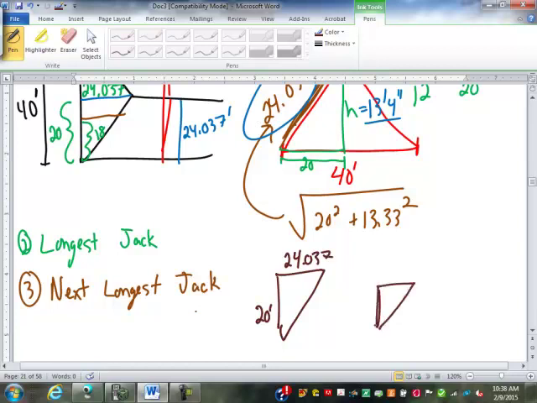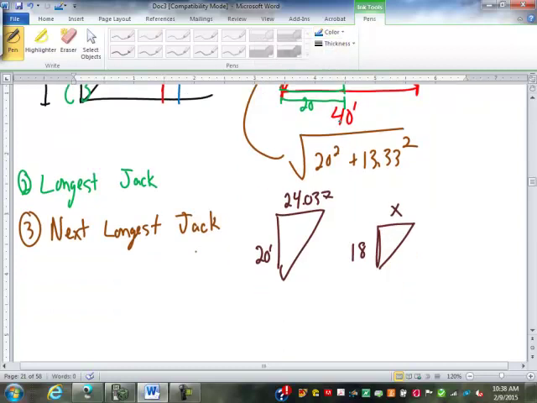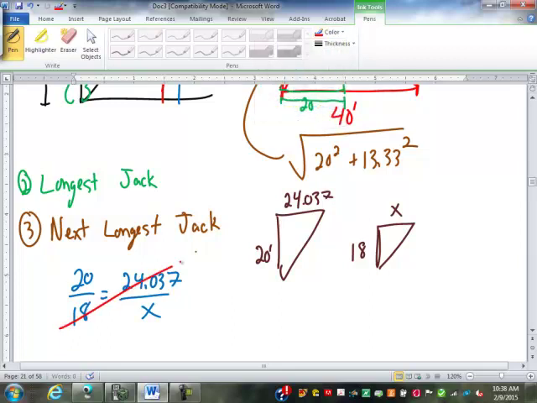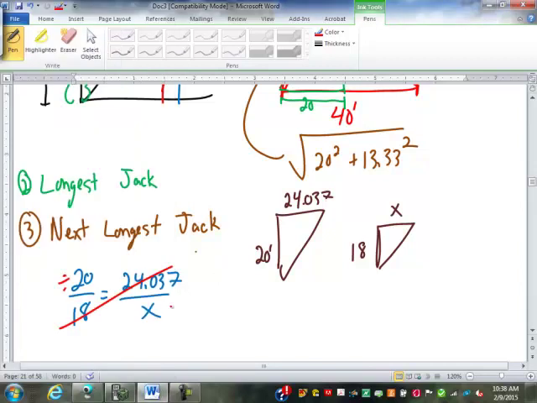This next one is going to be 18 by x, and x is what we're looking for. So we're going to have 20 goes to 18 as 24.037 goes to x, and then cross multiply and divide. So times 18 divided by 20, 21.633 feet.